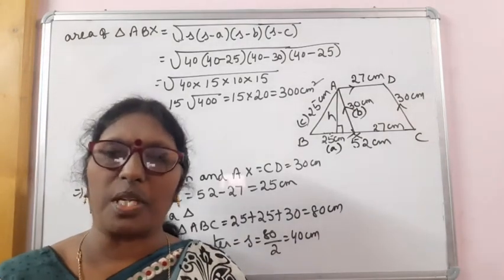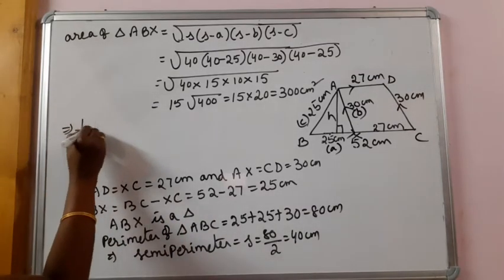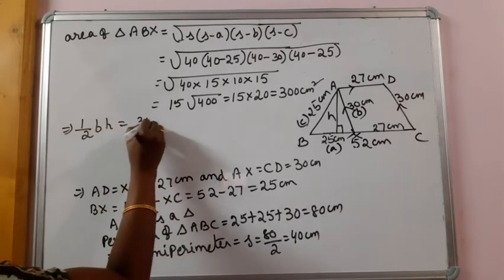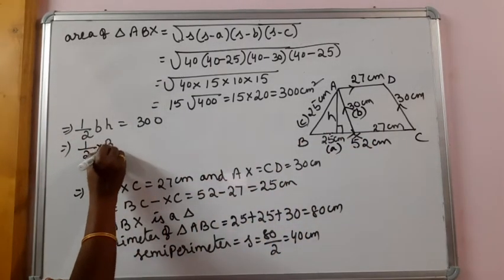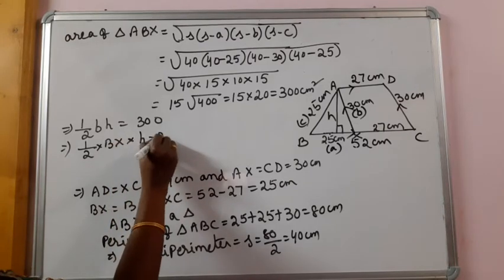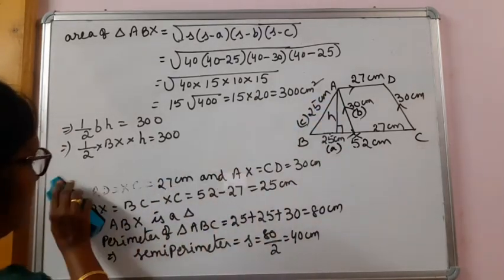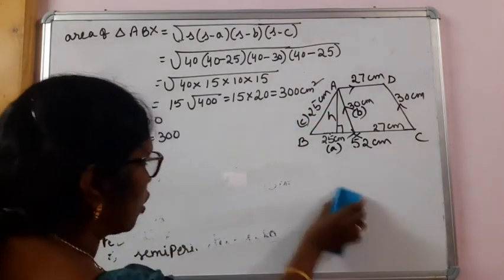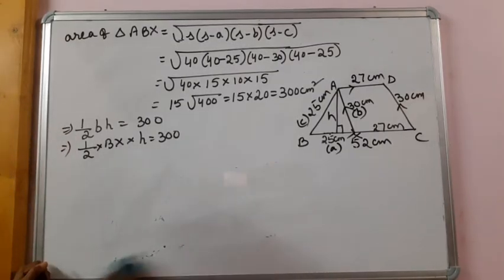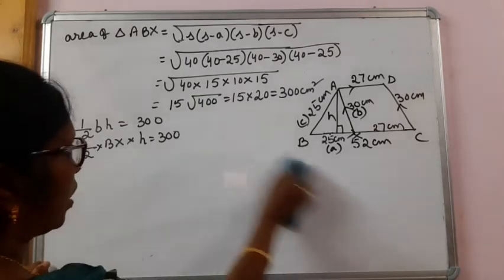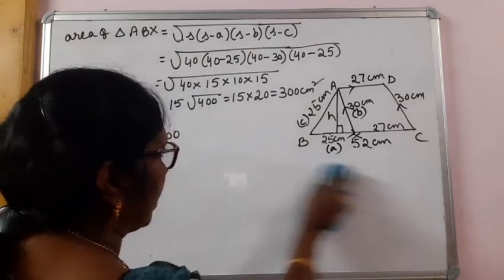But the common formula for the area of a triangle is half base into height. That is, half base into height is 300. Here the base is BX. Half into BX into height is 300. So from this we can find the height of the triangle, which itself is the height of the trapezium.